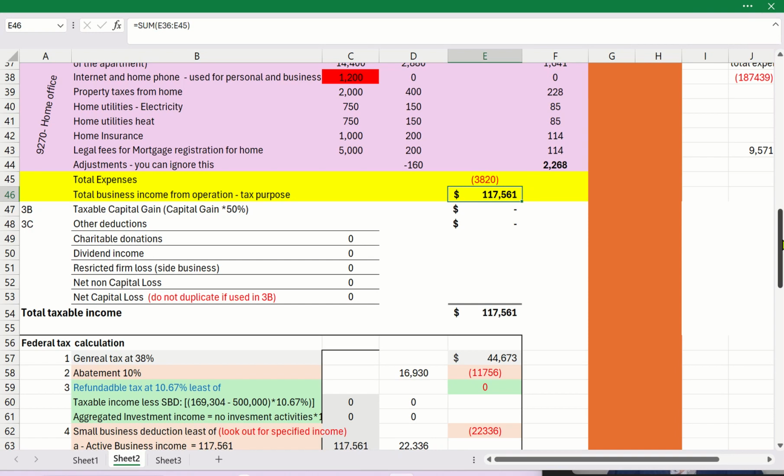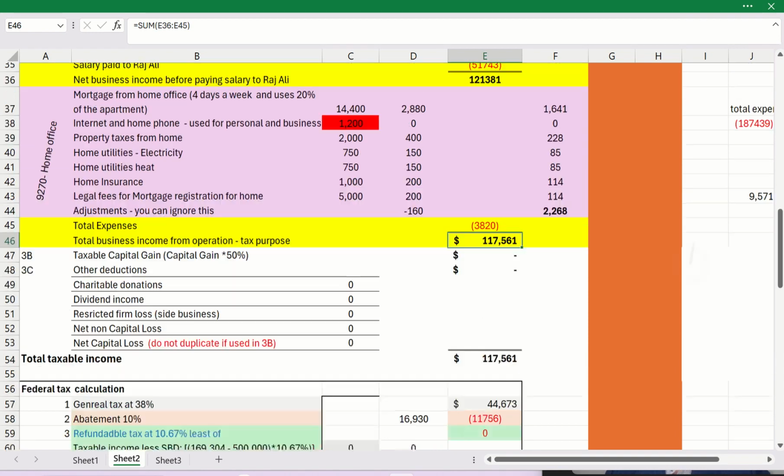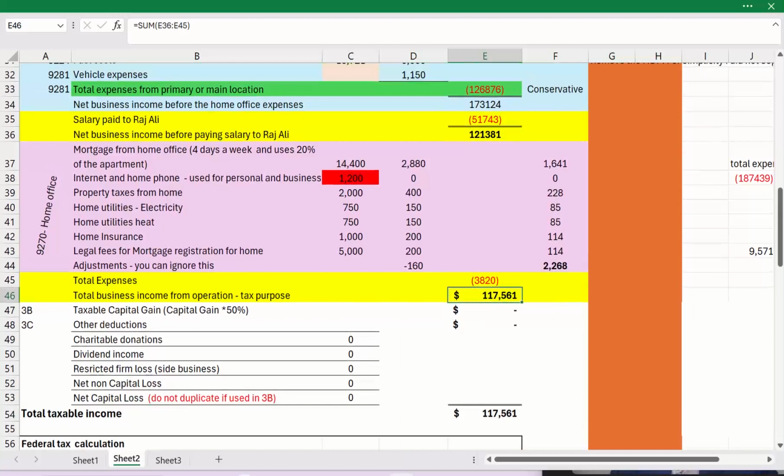So once I subtract this from these two lines, that would give me $117,561.